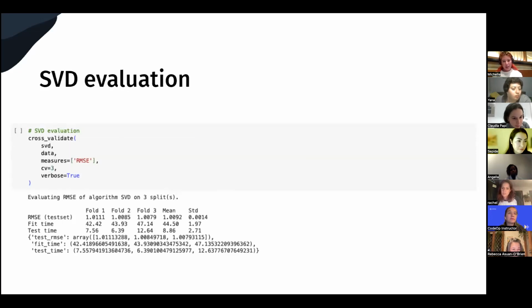We use cross validation, meaning we do different subsets of training and test, different folds, and we get the root mean square error. This gives us the difference between what we predicted from the training set about the test set and the reality, so how close we got or how far.